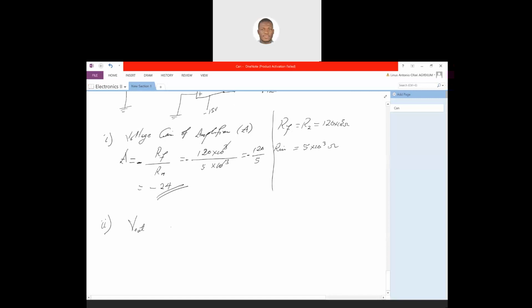So in order to calculate the output voltage, V out, it's expressed as the gain times V in, okay? So if V in is equal to 0.2 volts, then our V out is going to be equal to minus 24 times 0.2 volts.